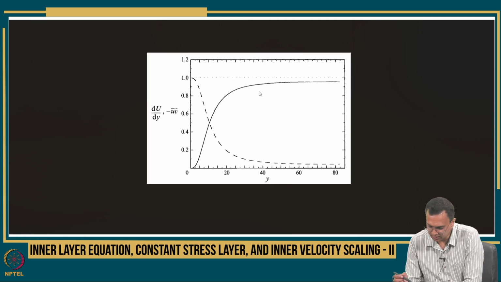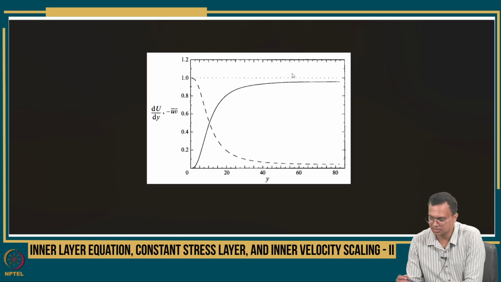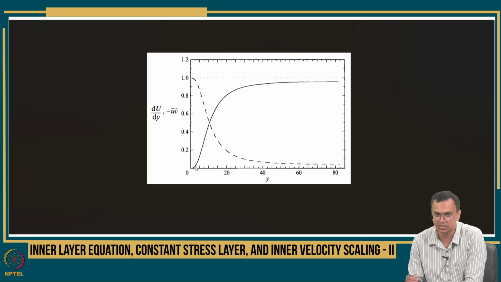So now you know that it is y plus 30, this is 30 here. So above 30 we said the turbulent shear stress is dominant here. So there is a zone, we said within y plus 30 there are two layers. One is a linear sublayer which is y plus 3, this is probably the first position or within less than that. Turbulence is negligible, only viscous shear stress is dominant.